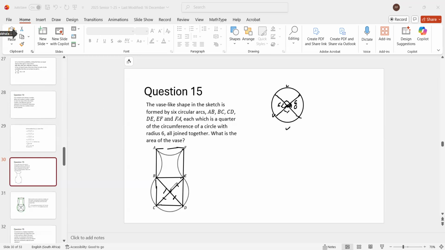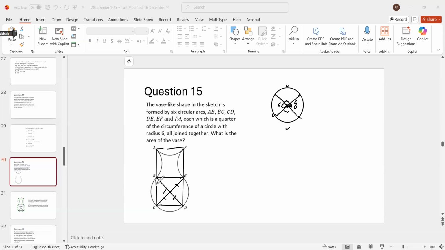So you can see if I take my compass point and place it here, and take this as a radius, it must go through B, E, C, and D, because all these are equal in length. So this is a quarter circle.